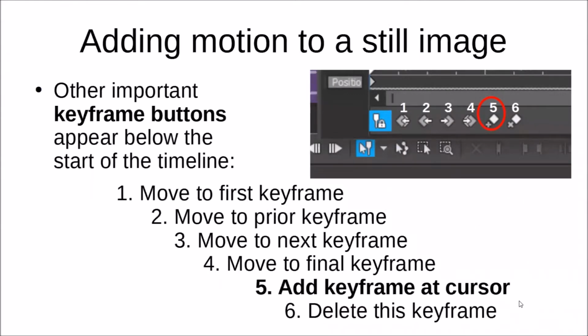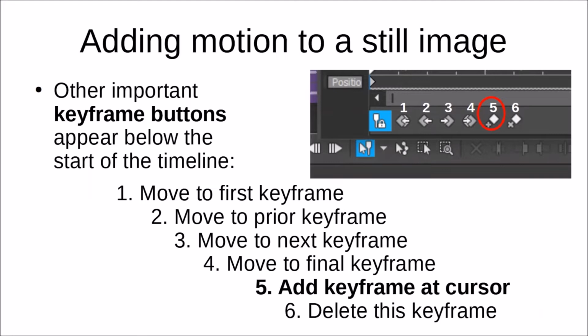Now, there are some buttons just below the timeline, and I've assigned numbers to the buttons because I need to explain these to you. These allow you to apply new keyframe locations within the scene.